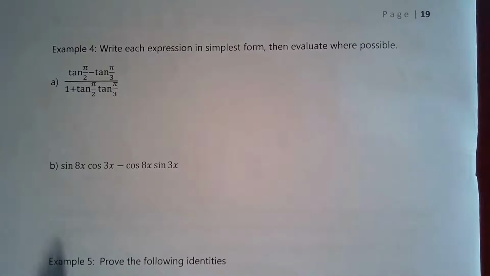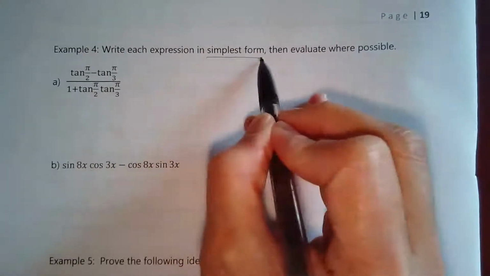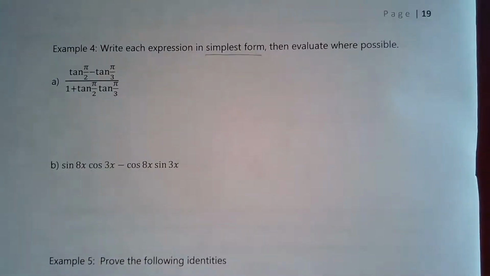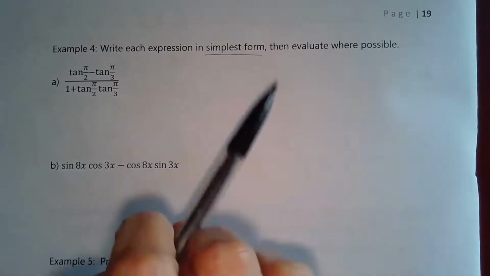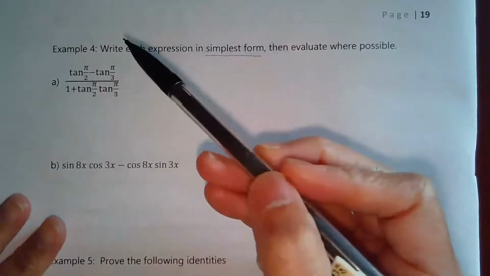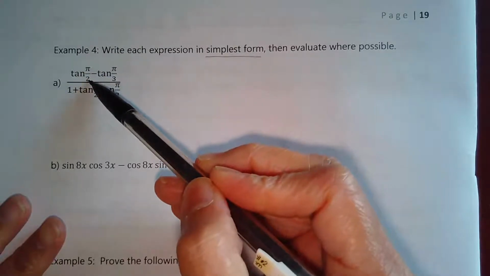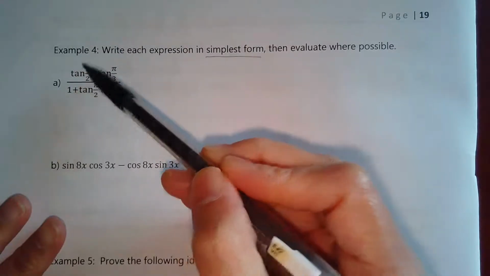This one here says, write each expression in the simplest form, then evaluate where it's possible. So, I mean, right now we could technically evaluate this, right? Because pi by 2 is a special angle.